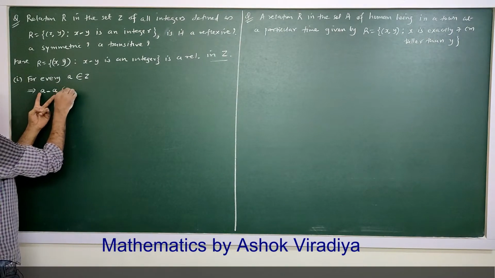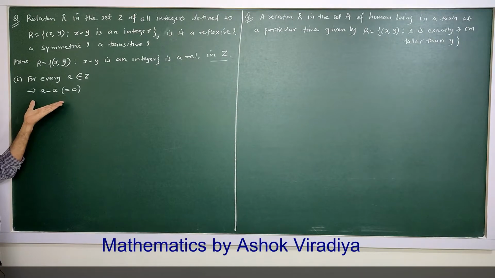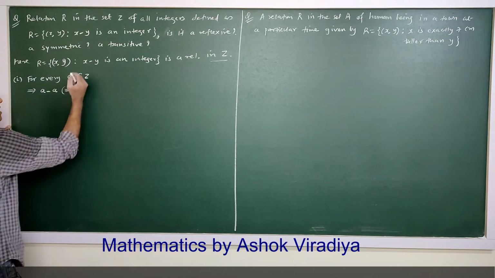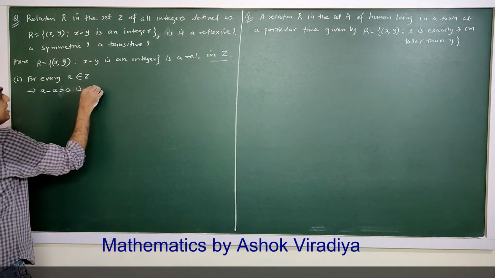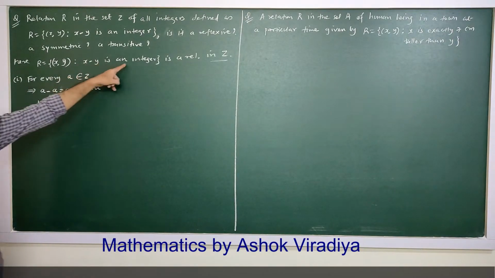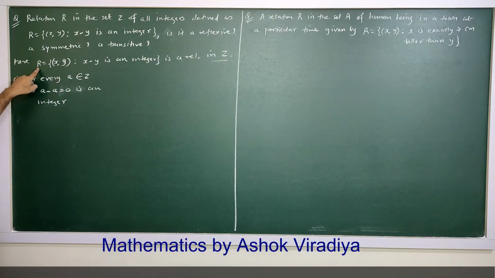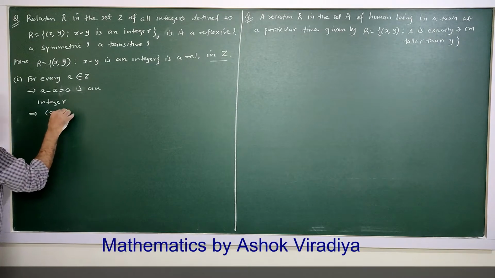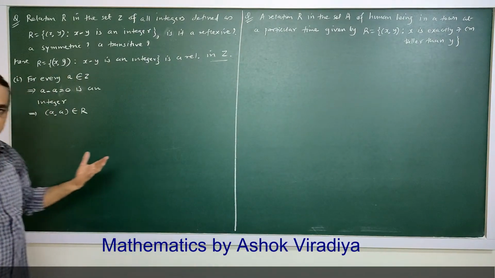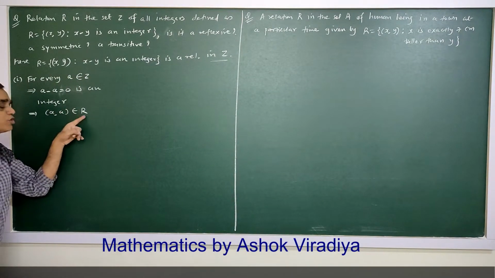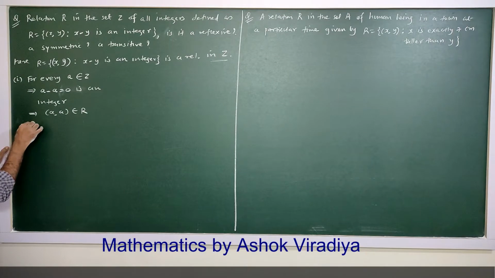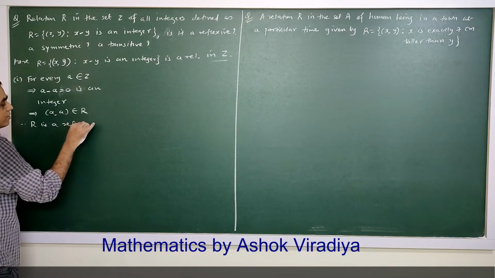Obviously, it is an integer. So A minus A is an integer, so (A, A) belongs to R. So for every A belonging to Z, its double pair is in R, meaning (1, 1) belongs to R, (2, 2) belongs to R, (3, 3), (4, 4), like that. Therefore R is a reflexive relation.